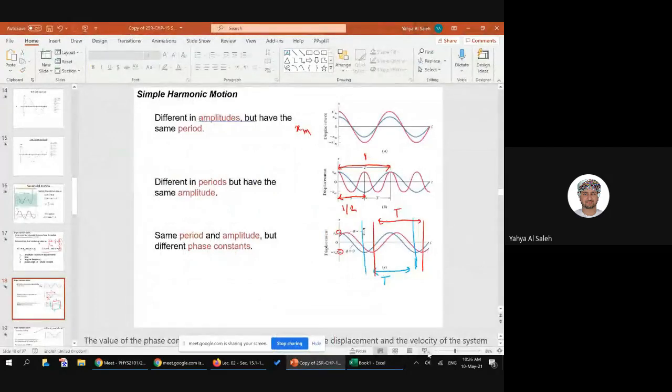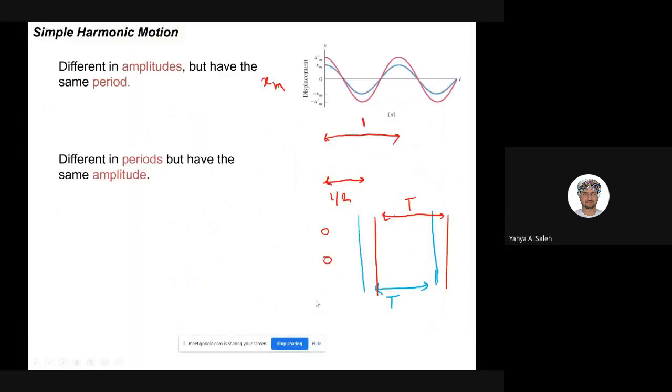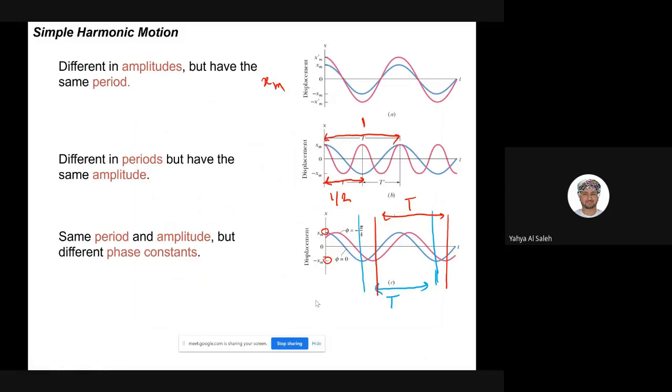Okay, so this last bit is where we say same period, same amplitude, but different phase constants. There's this shift.